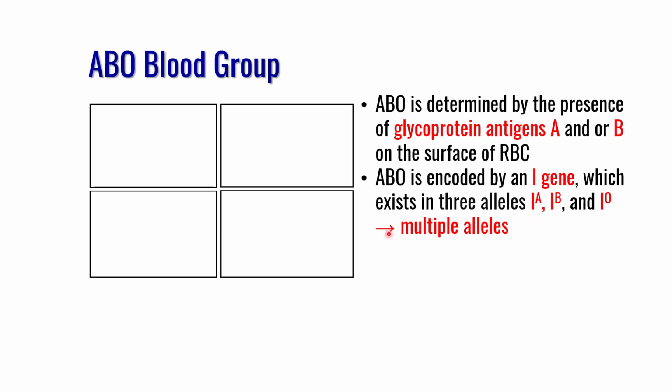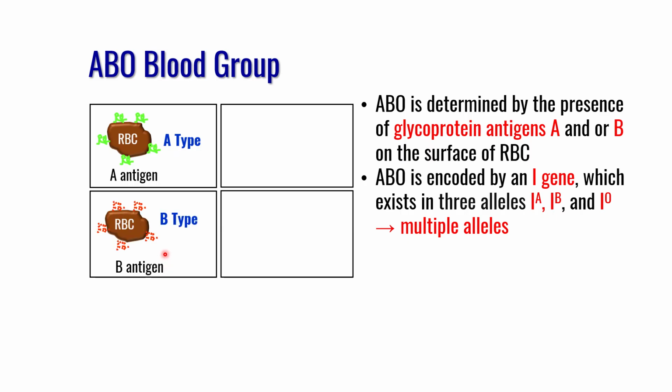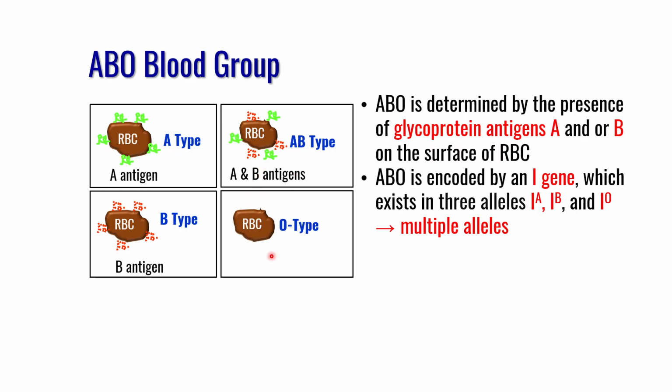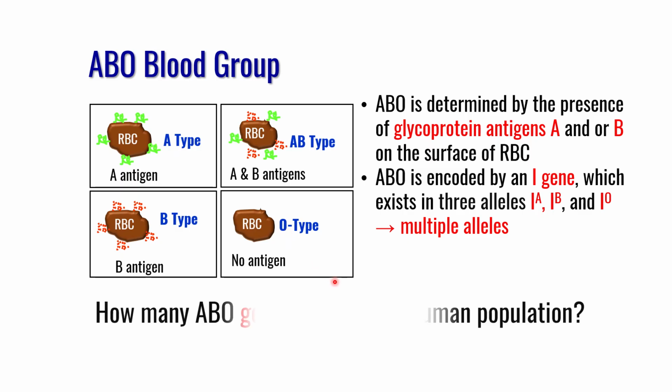Therefore this is an example of multiple alleles. When A is expressed on the RBC surface, it gives A blood group type. When B is expressed on the surface, it gives B blood group. When A and B are expressed, it will give AB blood group. When none is expressed, it will give you O blood group type.